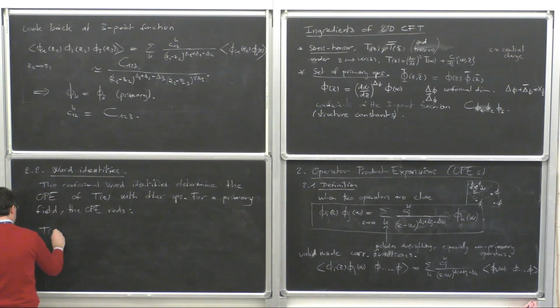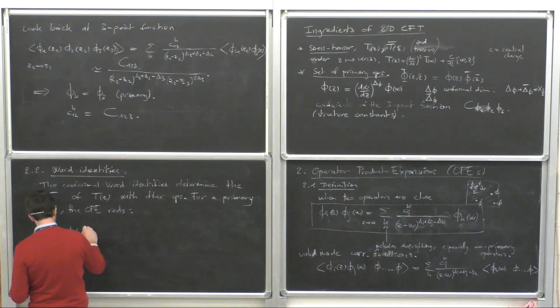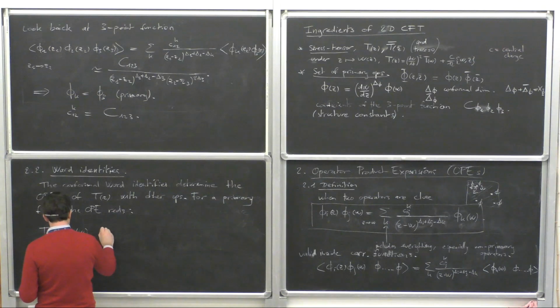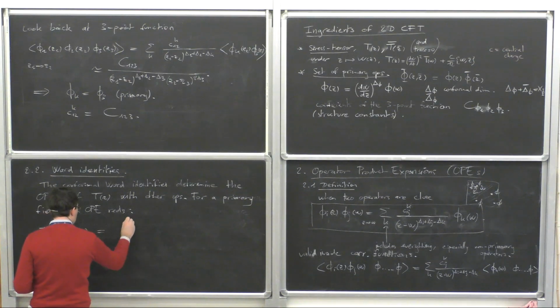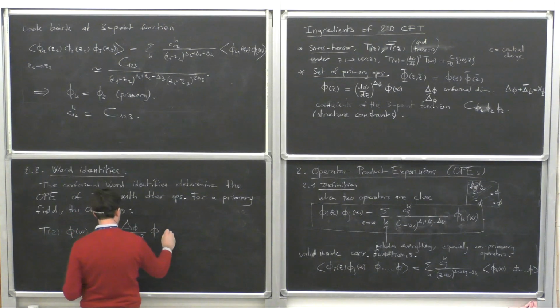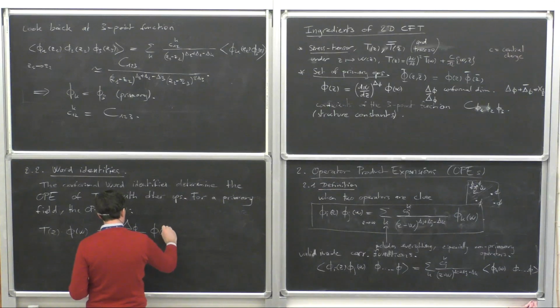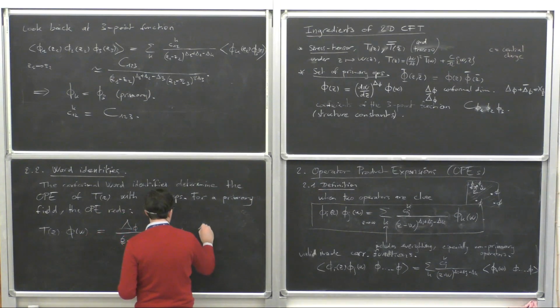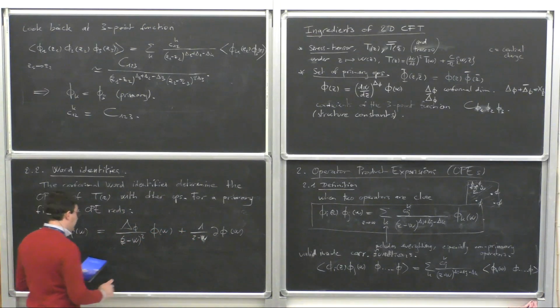T of z, phi of w equals delta, the conformal dimension of the primary field phi, over z minus w to the 2 times phi of w, plus 1 over z minus w times the derivative d phi of w.